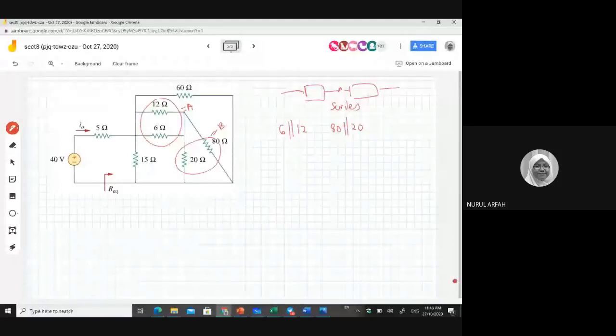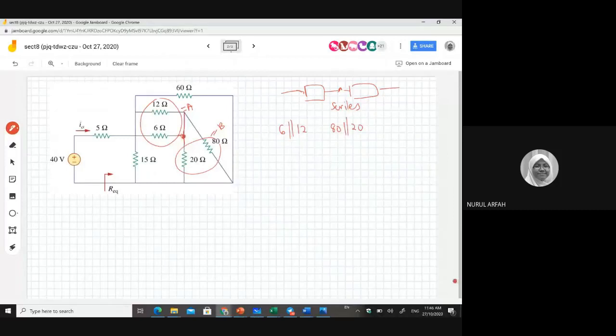Because they are connected at one single line here, right? So I just put one single line here. They are connected by one single line. So if they are in series, you can add. Right, good.